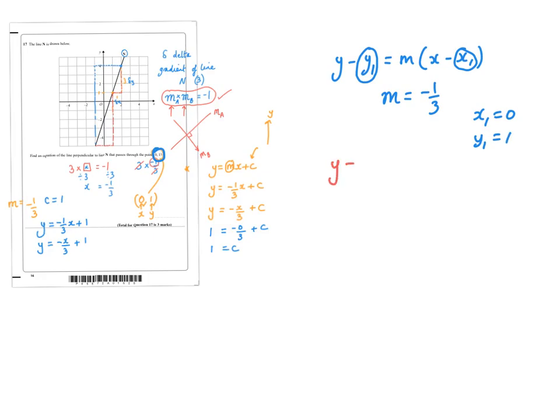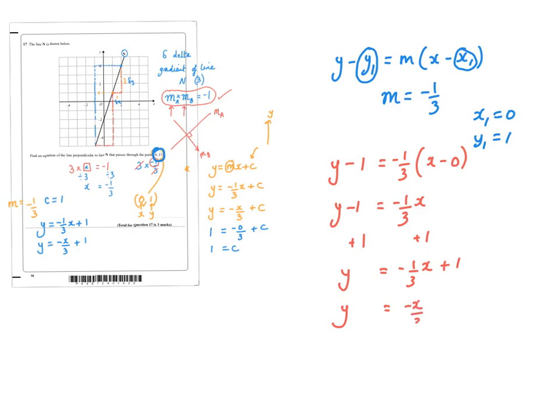So we've got y minus 1 equals -1/3 of (x minus 0). So we'd have y minus 1 is minus a third x, add 1 to both sides, and we'd have y equals minus 1/3 x plus 1, or y is minus x over 3 plus 1.